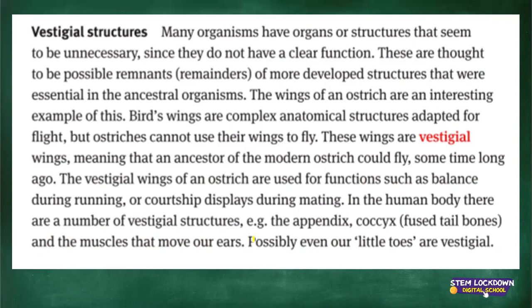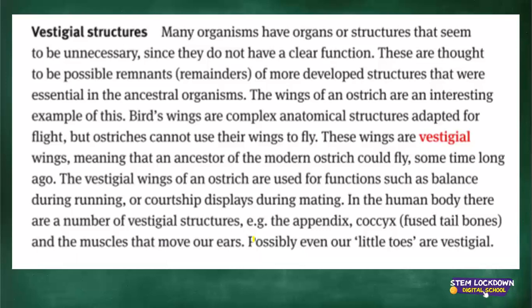Birds' wings are complex anatomical structures adapted for flight, but ostriches cannot use their wings to fly. These are vestigial wings, meaning that an ancestor of the modern ostrich could fly long ago. The vestigial wings of an ostrich are used for functions such as balance during running or courtship displays during mating.